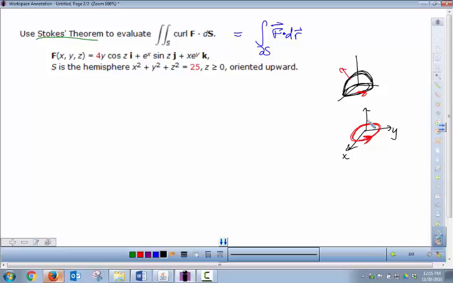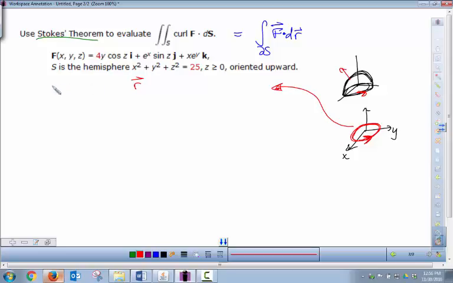So that's going to be our orientation, and that's going to lead us to a parameterization where we can define whether it's orientation preserving or reversing. Since it's going counterclockwise, this is our standard circle parameterization.